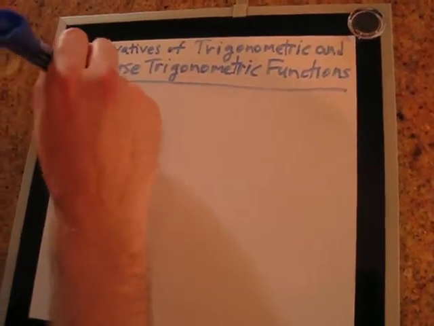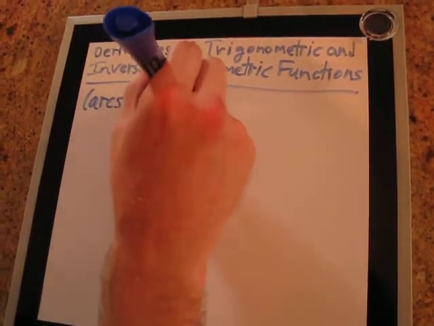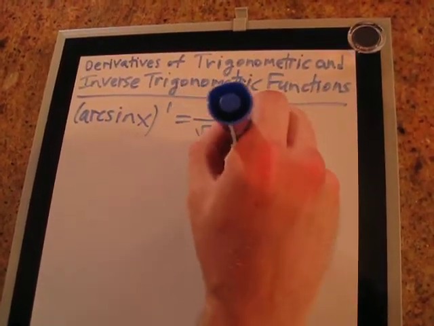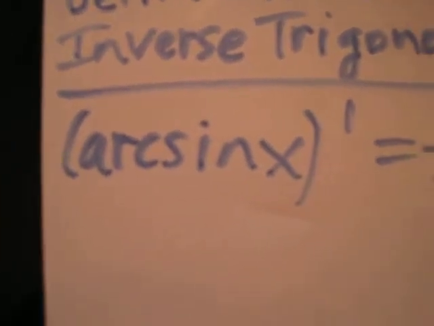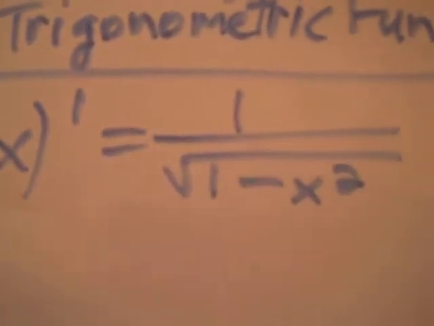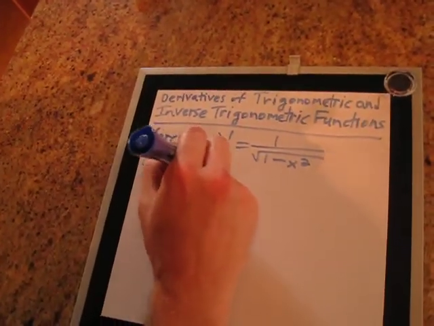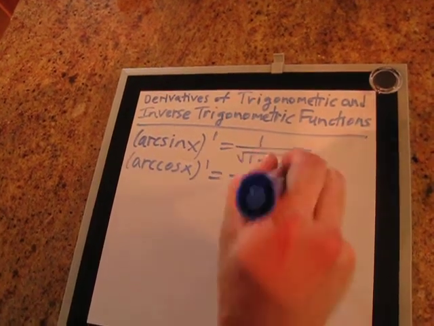We'll start with arcsine. The derivative of arcsine is 1 all over the square root of 1 minus x squared. That's the first one. The next one is arccosine, and the derivative of arccosine is simply the negative of the derivative of arcsine.